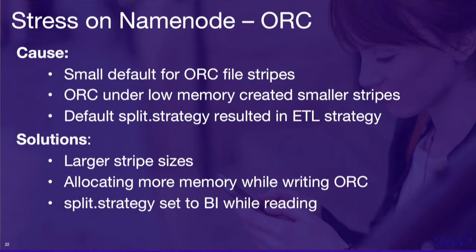Like I mentioned, this issue was observed with both ORC files and Avro files. But in the case of ORC files, what we observed was that our newer data sets were running fine, but we were seeing this problem with one of our oldest data sets. What was happening here was that when writing that old data set, we were using a default stripe size of 32 MB.